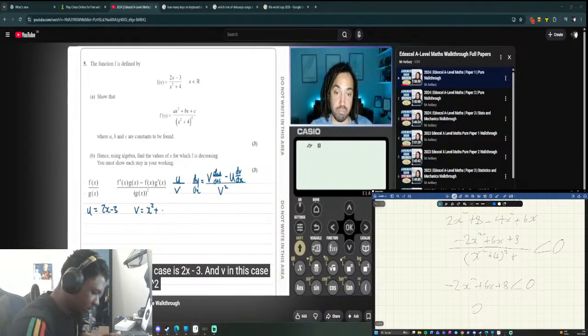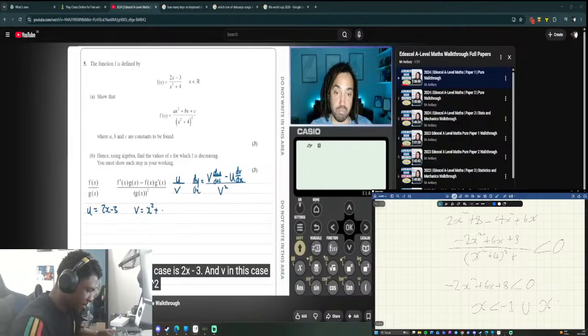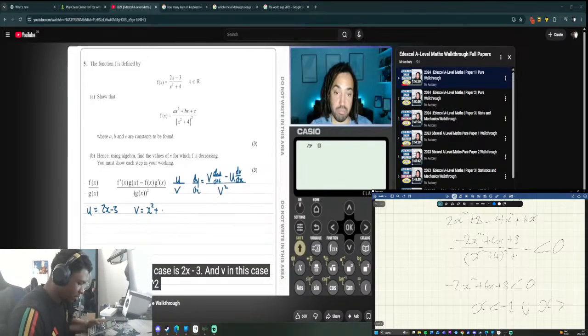So x has to be smaller than minus 1, or x has to be greater than 4.